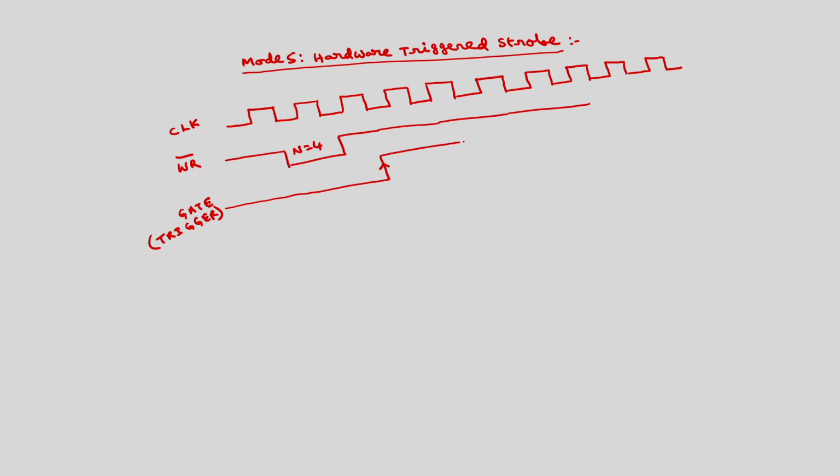Then it will remain high, and after some time again it will go low. So once this low to high transition has occurred, from the next immediate negative edge onwards, this is the negative edge.